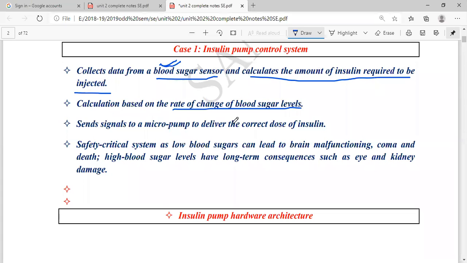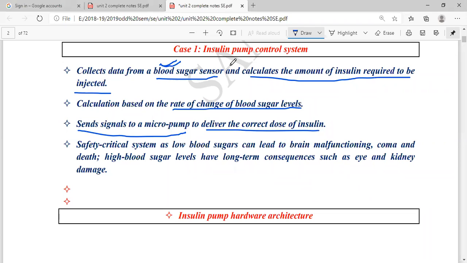And depending upon that calculation, the signal should be sent to the micro pump in order to provide a dose of insulin to the patient. So we take input as blood here, then it is tested by the blood sugar sensor, and then the calculation of the amount of insulin that has to be provided is done.